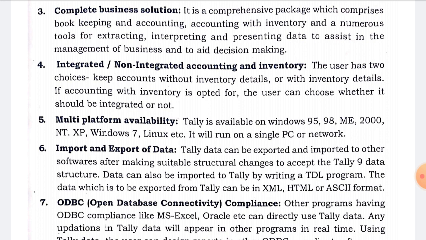Trading companies which do not have stock just need the profit, loss or sales, etc. But those companies which have inventory need the data regarding how much was purchased, that is, what all stock items are there, pen, pencil, computer, etc. They need the details of each and every inventory item. So either we can use accounts only, or we can use accounts with inventory. This facility of integrating the accounts with the inventory is available in Tally.